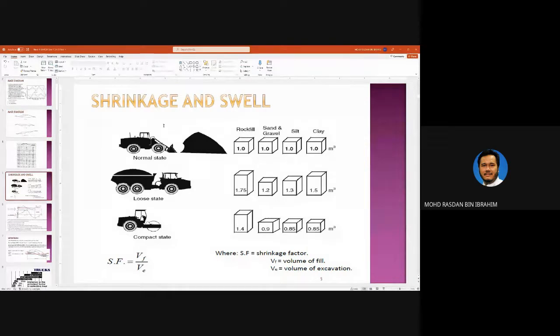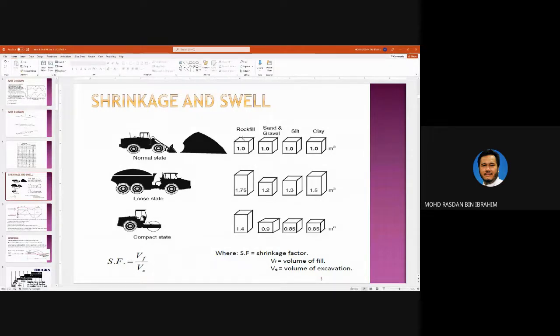For example, here rock fill: 1 meter cube of rock you excavate or blast, in the loose state, will be 1.75 meter cube. When you transport and compact it, it will become 1.4. Of course, it won't go back to the original state.